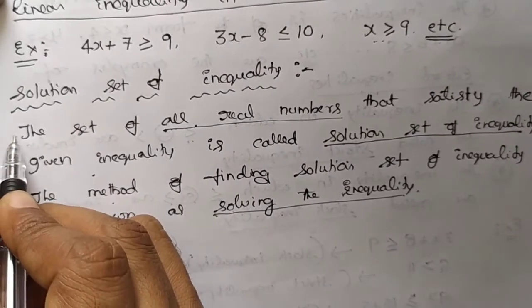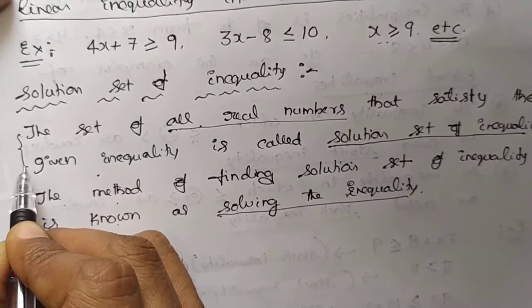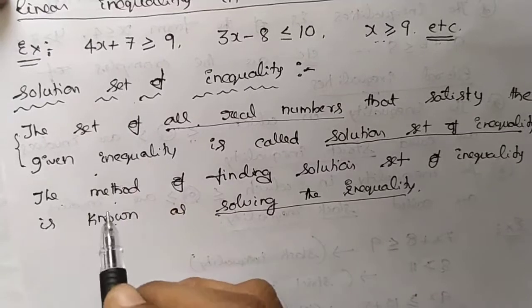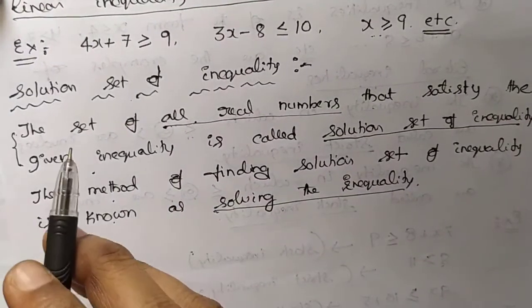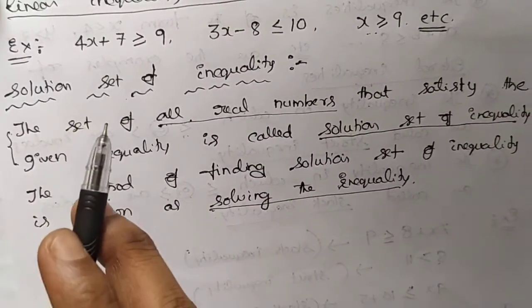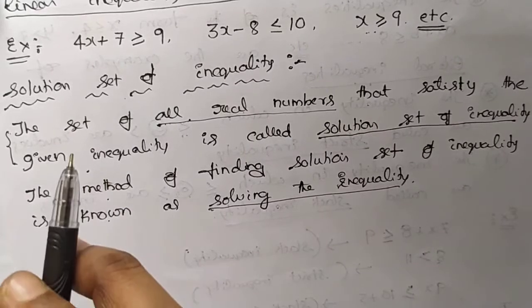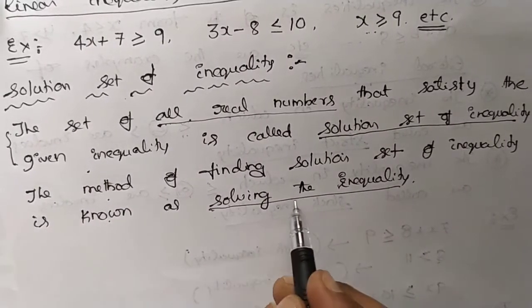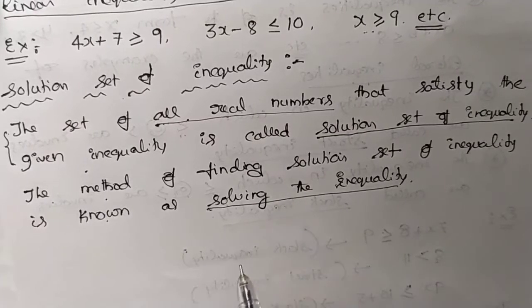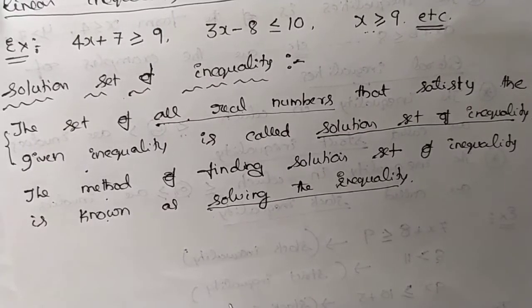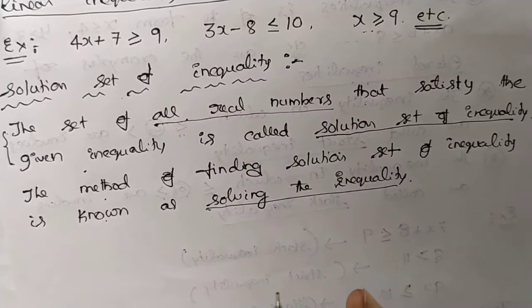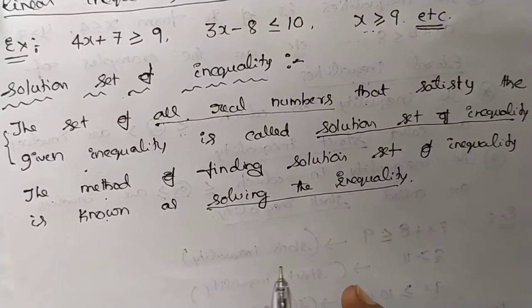Blindly we can say that solution set of inequality is nothing but the answer of the given problem. Solving the inequality is nothing but we are solving the given problem.